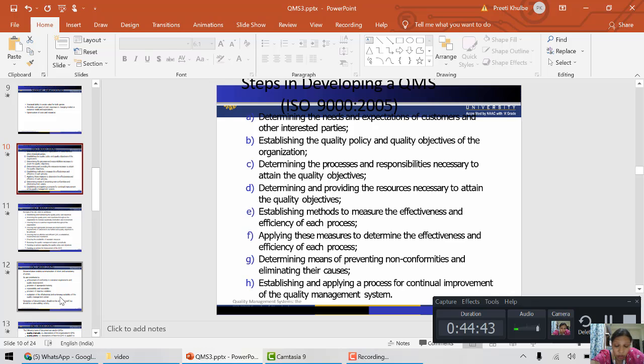We should eliminate the causes of non-conformity, and establishing and applying a process for continual improvement of the quality management system. So these are some steps and these are very important.